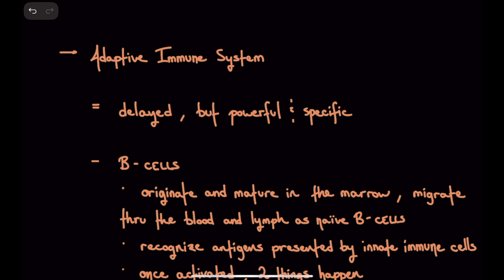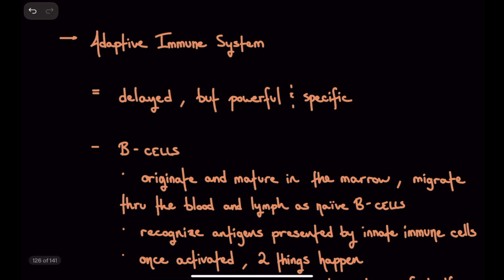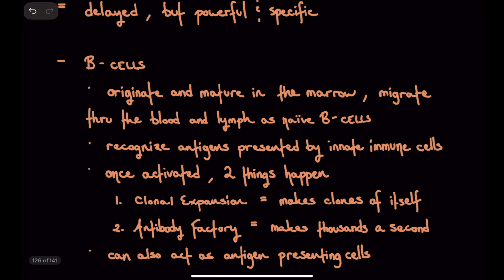So let's talk about the cells that do this for us. And we'll talk about antigen presentation a little bit more as we go along, so don't stress too much about that concept. All I want you to know is that is how we link innate immunity to adaptive immunity. So your B cells are your first branch of your adaptive immune system.